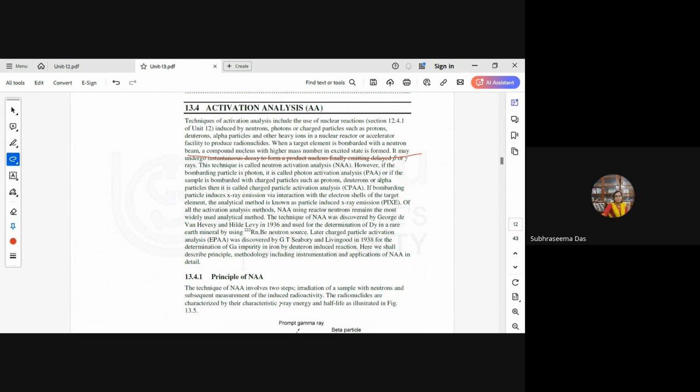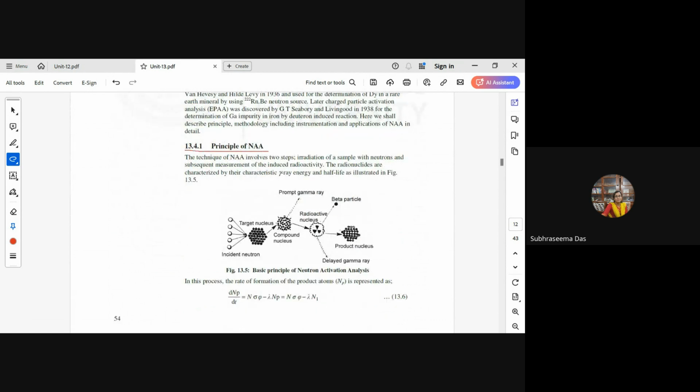Now NAA using neutrons remains one of the most widely used techniques. This technique was discovered by George de Hevesy, and it is used for the determination of very rare earth minerals. Here the principle of NAA involves two steps.